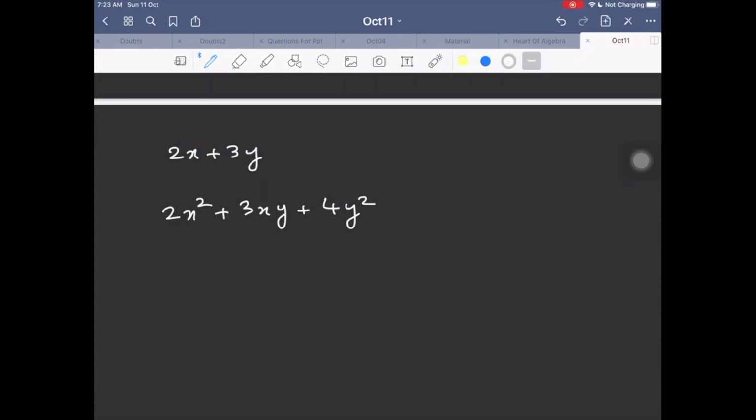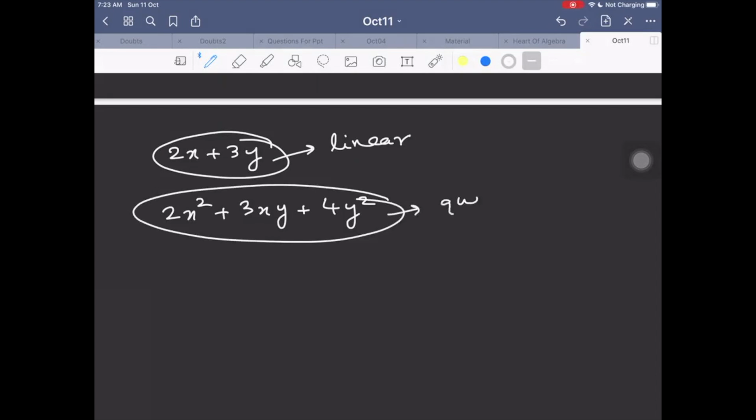This is what we call a linear expression in two variables, and this is a quadratic expression. This is quadratic because you see x power 2 and y power 2. So they are not linear anymore. They are quadratic. Got it?